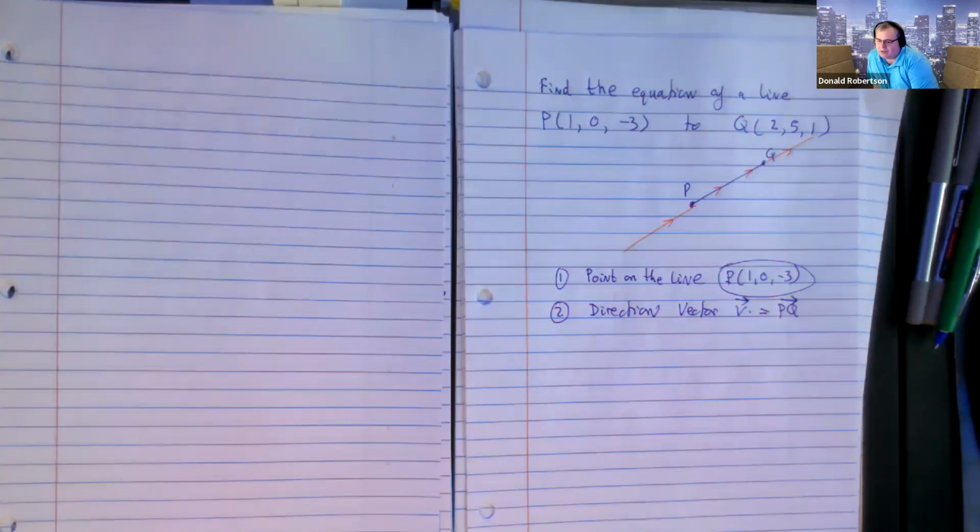PQ, right? What do you think would happen if I used QP? Do you think it'd be okay to use that as a direction for the line? Answer is yes. So doesn't that make it even more combinations around there? So pick the first letter for your point and pick PQ for your direction, just to keep WebAssign happy, right?